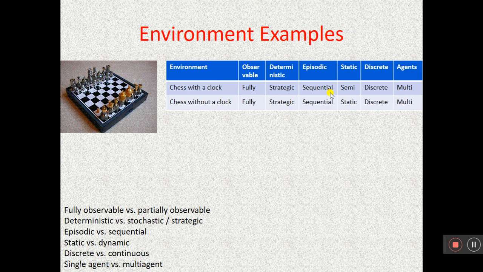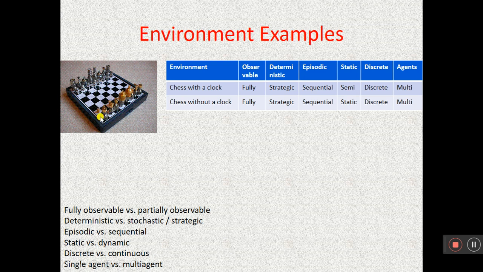Episodic, sequential. In this example, you can first move from this place to this place and then from this place to this place. You cannot simply jump from this place to this place. So this environment would be sequential. Strategic, this is semi and this is static. Whether this is a discrete environment, yes, this is discrete.